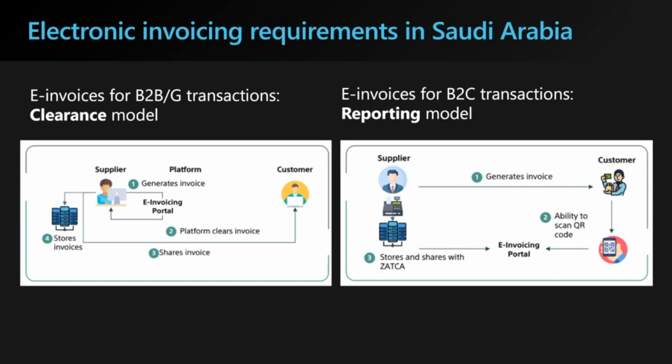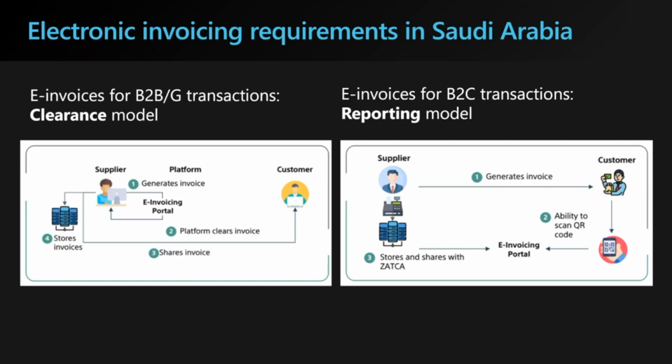Right after issuing, the invoice can be shared with the buyer in human readable or electronic format, and in parallel must be reported to ZATCA in electronic format. In parallel doesn't mean immediately, but with some periodicity, at the end of the working day, for example.